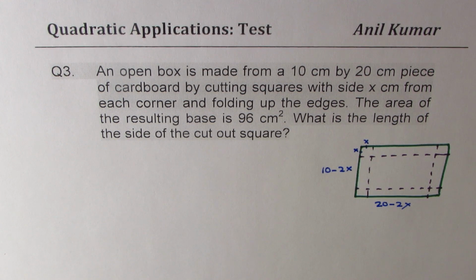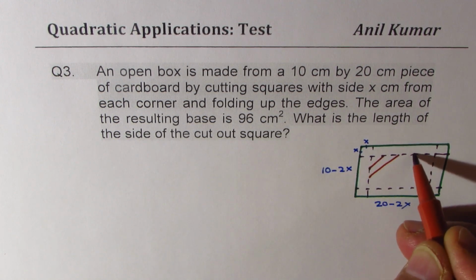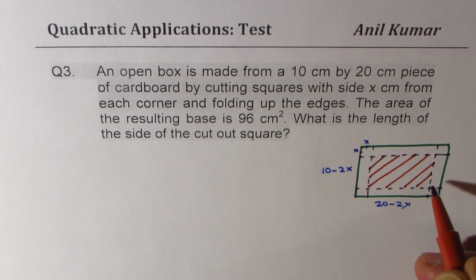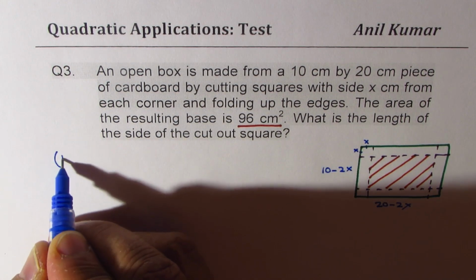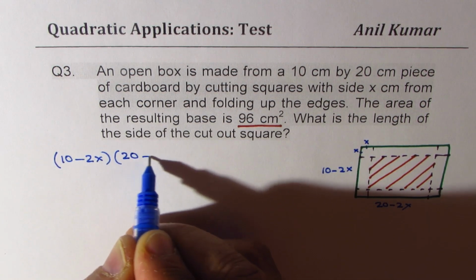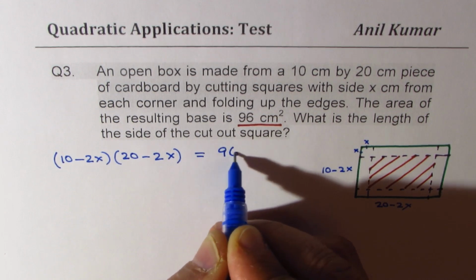So we have this box whose area we have to find, right? I mean, it's given to us, which is 96 centimeters square. So the area is 10 minus 2x times 20 minus 2x is equal to 96.